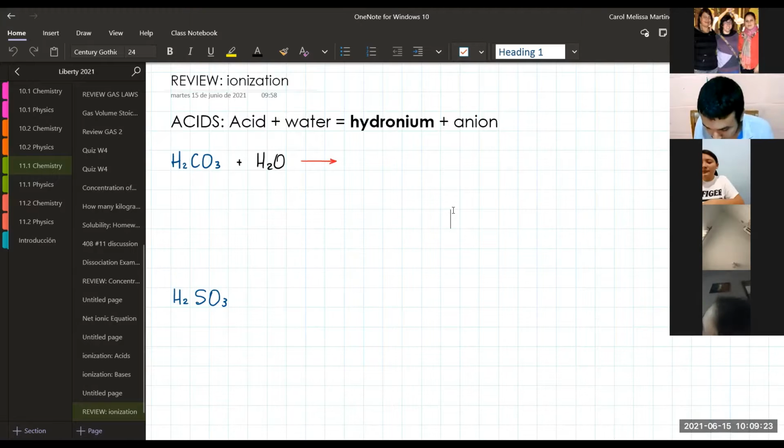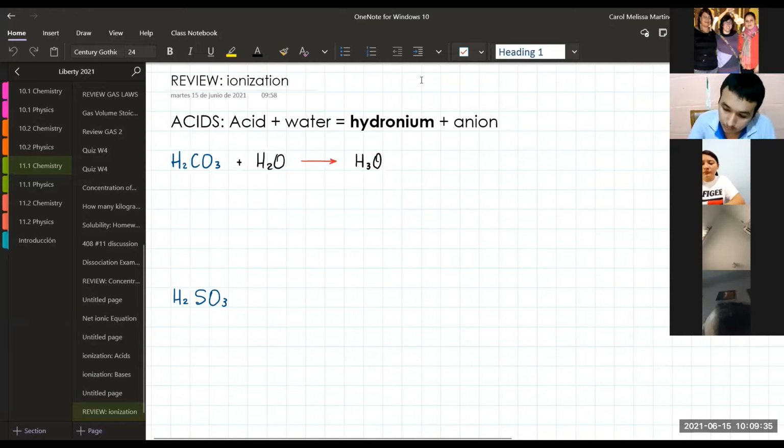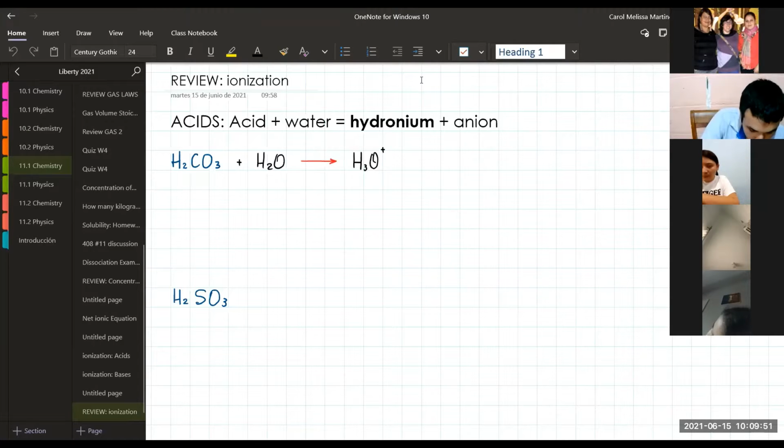Hydronium ion, remember, is H3O, not H2O plus. No, it's H3O. You need to be careful with the substrates and with the charges. And the charge of the hydronium ion is +1, okay, or just plus. And then it says plus an anion.